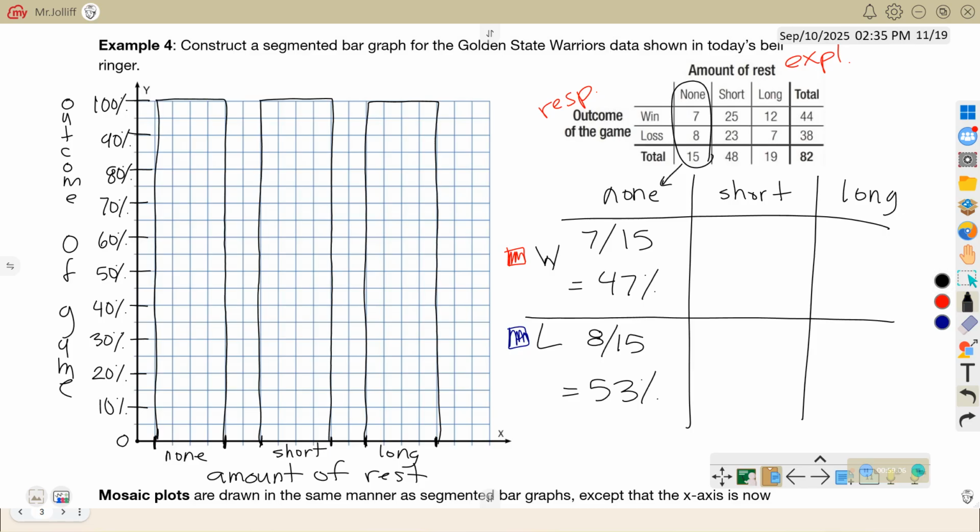And I'm going to put the wins on the bottom, meaning when I start at 0 and go up, I'm making a hash mark at 47 for the wins, which is right about here. That's my 47% marker. So wins is the lower 47%, which means the losses are the upper 53%.